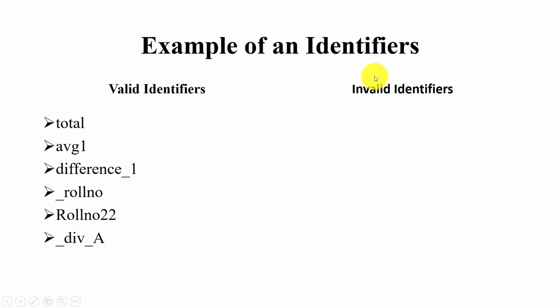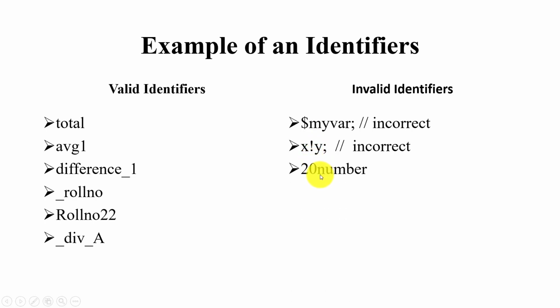Now let's understand the invalid identifiers. Here, $myvar is an invalid identifier because an identifier cannot start with a special symbol. X!Y: you cannot use any special symbol or character in between the identifier. Next, an identifier cannot start with a digit or number.